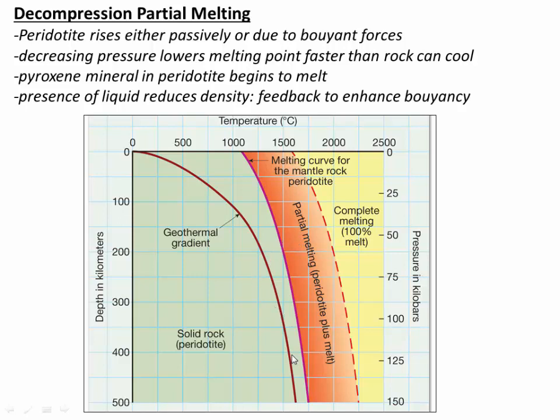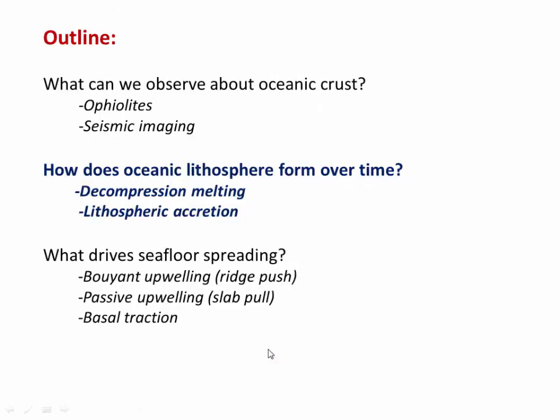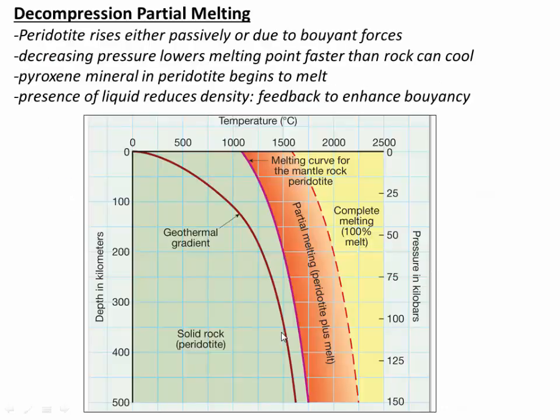But at mid-ocean ridges, what happens is that the peridotite is coming up so quickly that essentially it follows this trajectory where the pressure drops really quickly and the temperature essentially stays the same or doesn't drop much. And that allows the peridotite rock to cross this melting line and begin to melt. That triggers partial melting, and that is how we're going to generate ocean crust at a spreading ridge.